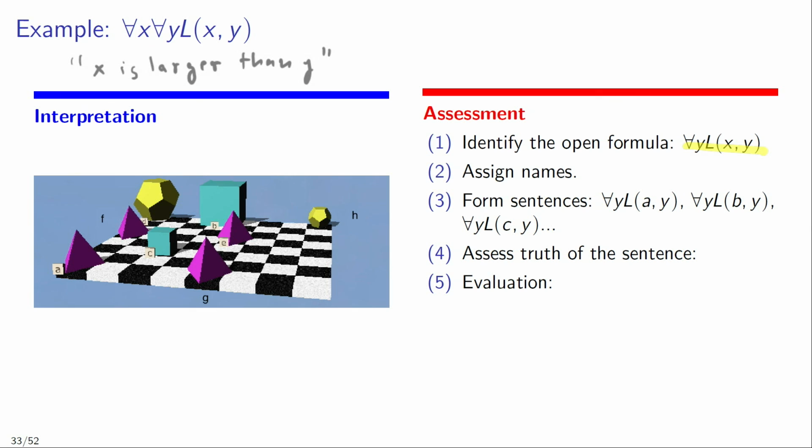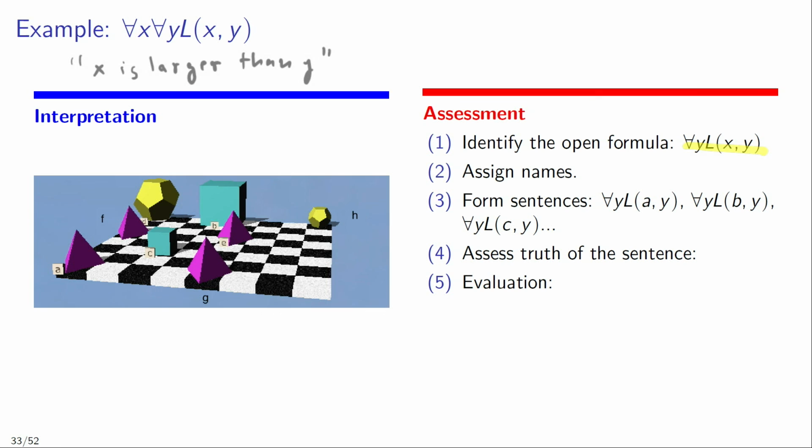And now in the fourth step, we need to assess the truth of these sentences that we formed in step 3. Now, the complicating factor here is that these sentences, again, are quantified sentences. And so we need to go through our step-by-step procedure again for assessing the truth of these sentences.